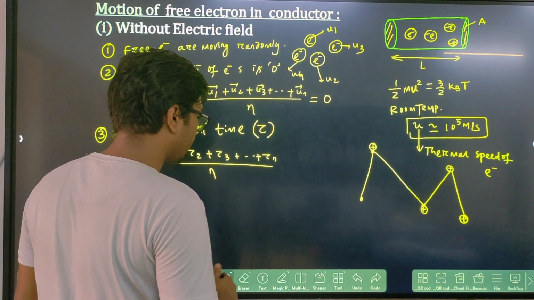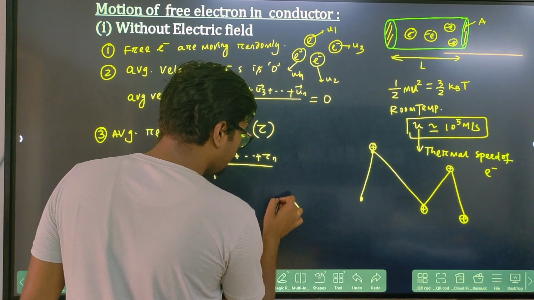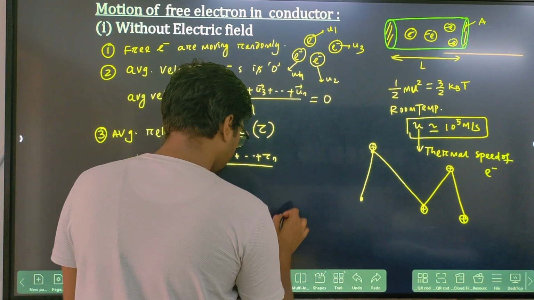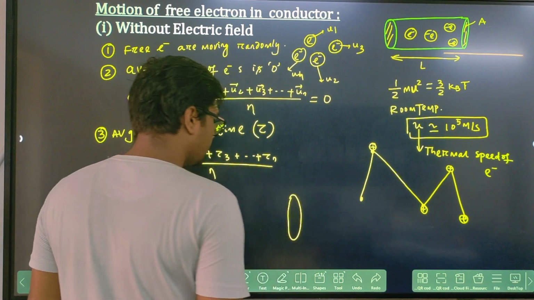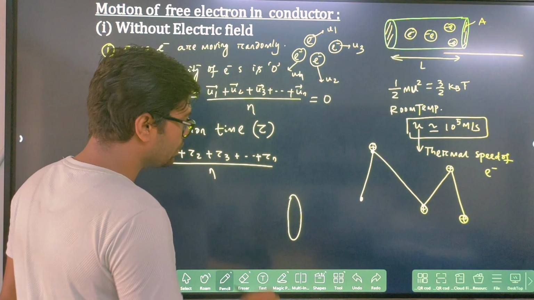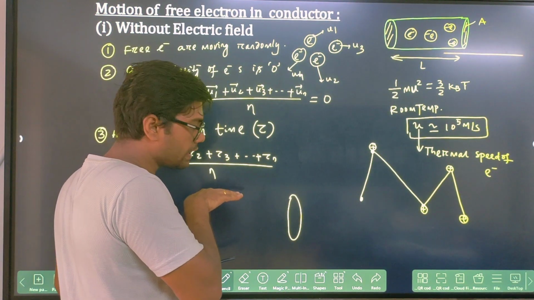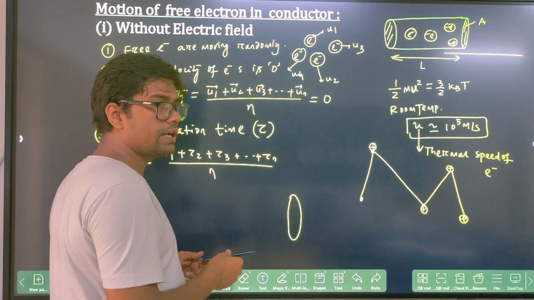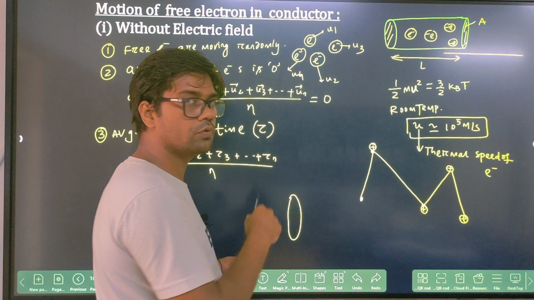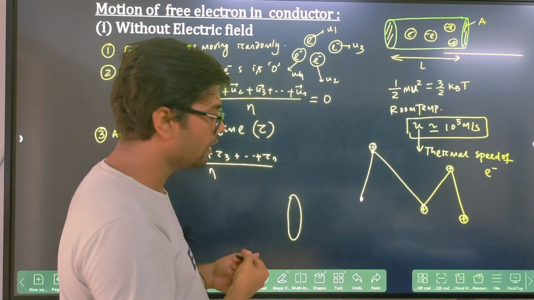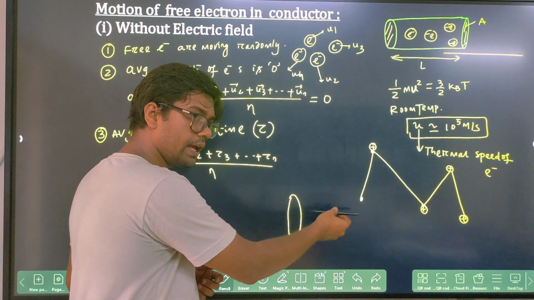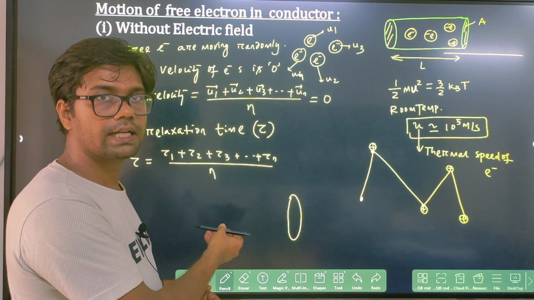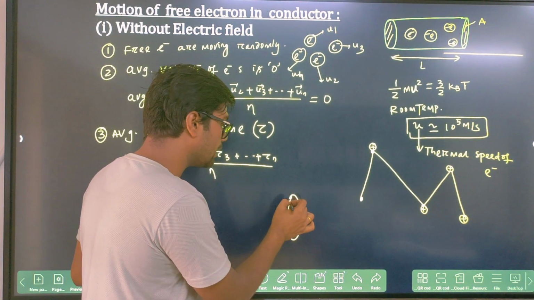So if I choose a cross-sectional area like this, and if the motion is random, let's say 10 electrons move in this direction in delta t time, then along the opposite direction also 10 electrons are moving in delta t time, because the motion is random.